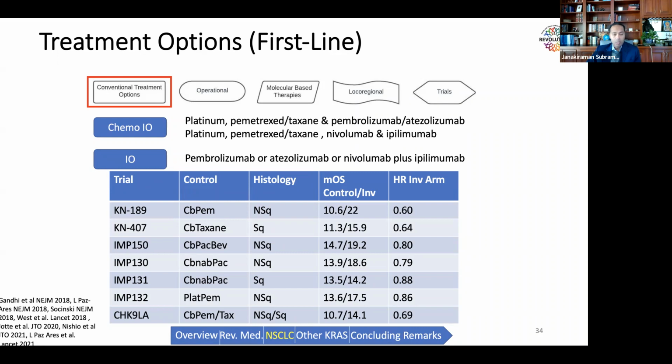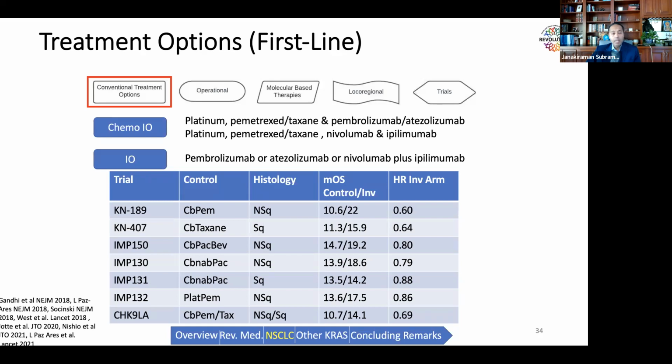That's where the FDA approval is. So the standard frontline treatment for these patients would be chemotherapy plus an immune checkpoint inhibitor. Or if they are high expressors of PD-L1, 50% or over, you can consider a single agent immunotherapy option such as pembrolizumab or atezolizumab. Also, you can choose an IO doublet here.